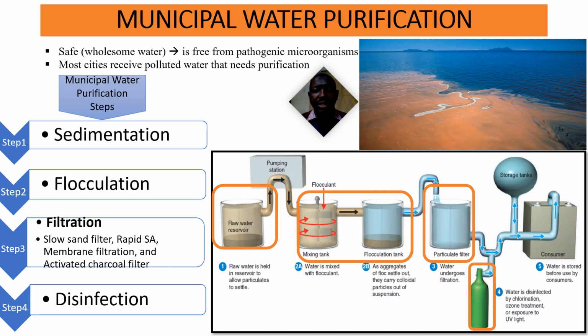It should be noted that chlorination and UV do not kill all the microorganisms. For example, most viruses, as discussed earlier, are not inactivated by chlorine, and some bacterial endospores and protozoan cysts are generally unaffected by chemical treatment.